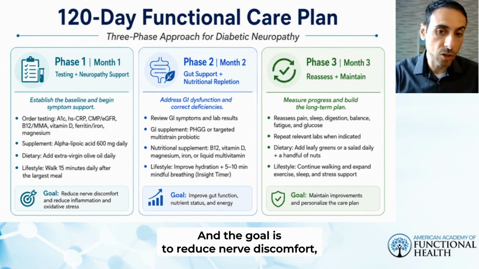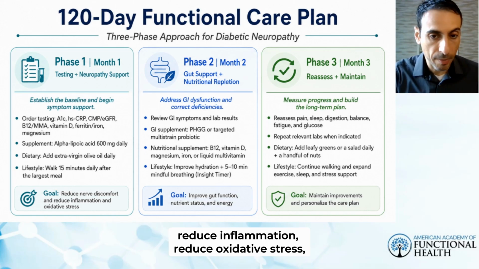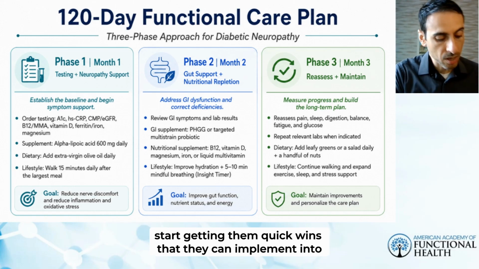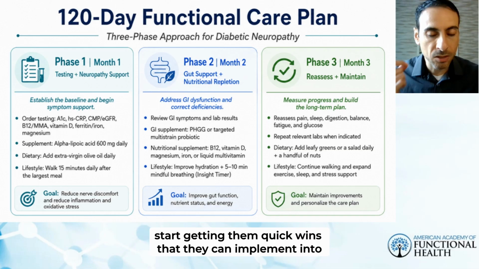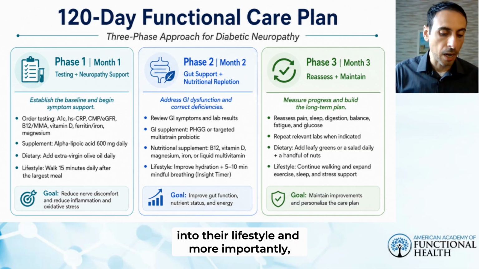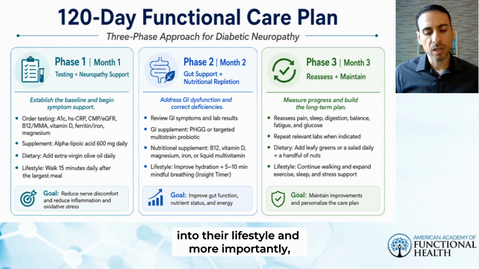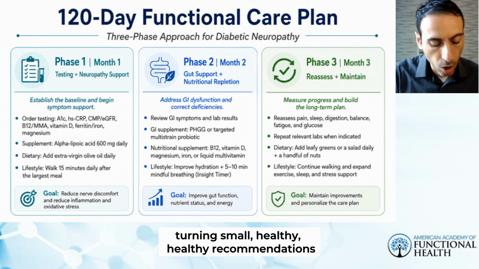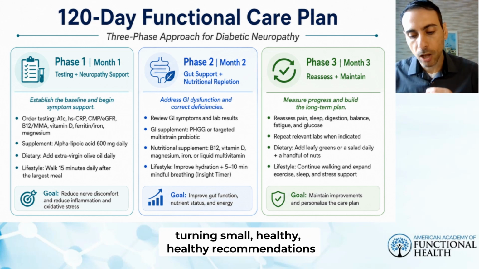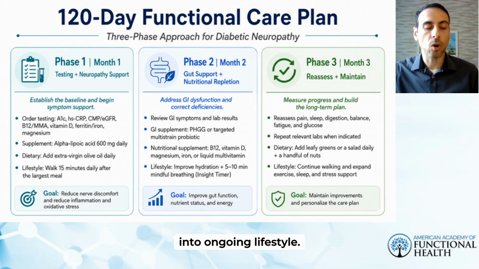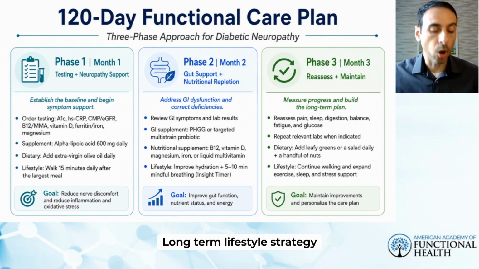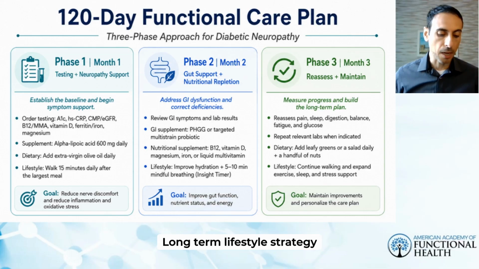And the goal is to reduce nerve discomfort, reduce inflammation, reduce oxidative stress, start getting them quick wins that they can implement into their lifestyle, and more importantly, turning small, healthy recommendations into an ongoing, long-term lifestyle strategy.